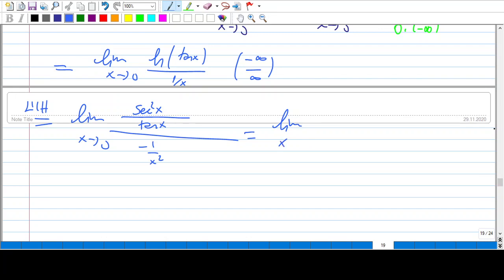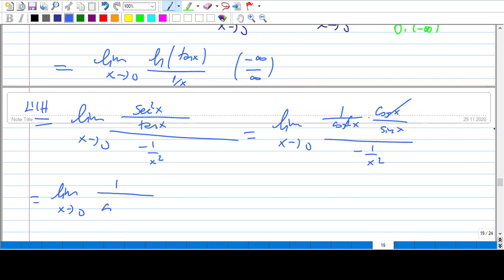Limit x to 0, secant is 1 over cosine square x, over sine x over cosine x, over minus 1 over x square. So one of the cosine terms cancels here. We have limit x to 0 of 1 over cosine x times sine x, with minus x square above.